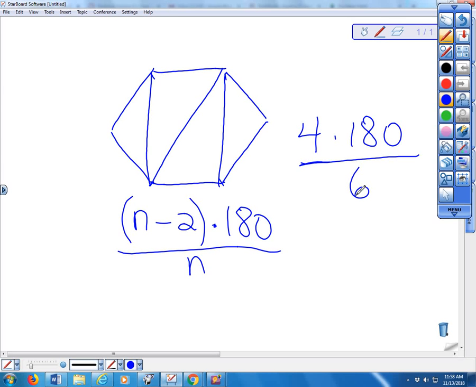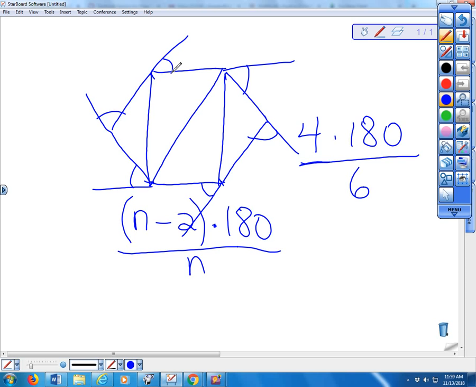An exterior angle, there's one, there's another, there's another. I have to go this way. Another, another, another. Those are the exterior angles of that hexagon, and all of them have to add up to 360, no matter what. So there's not a special formula for the exterior angles, just a special formula for the interior.